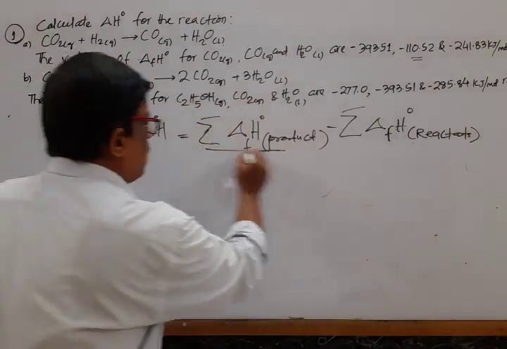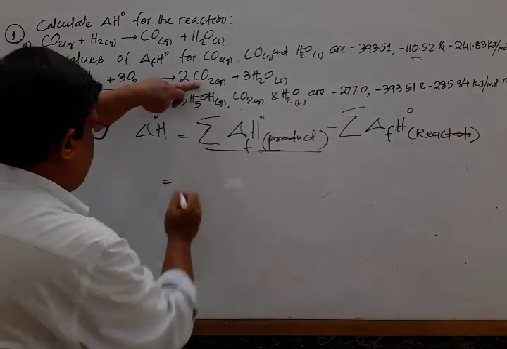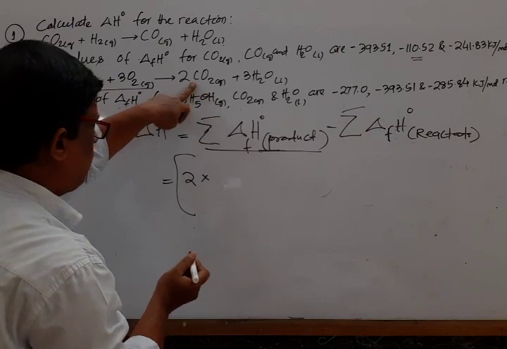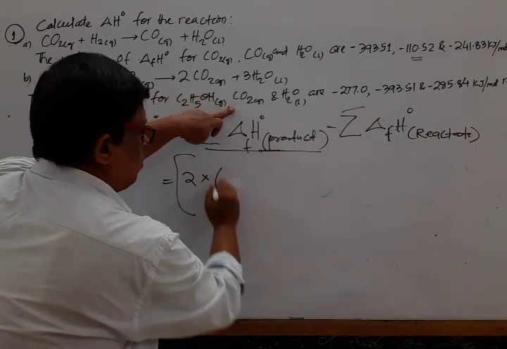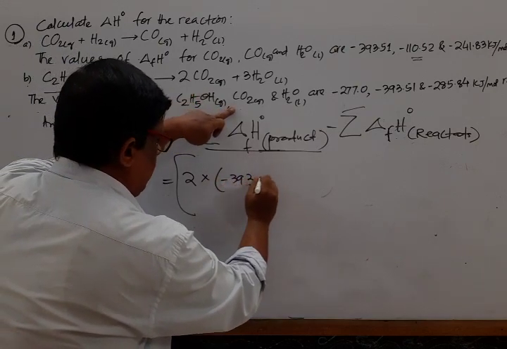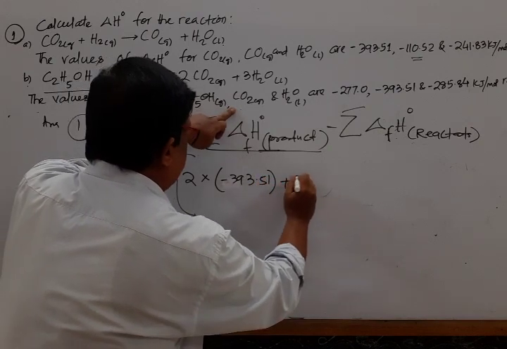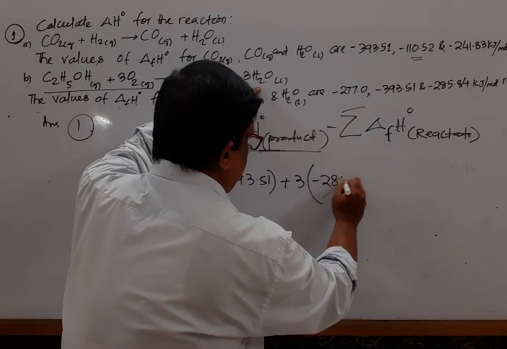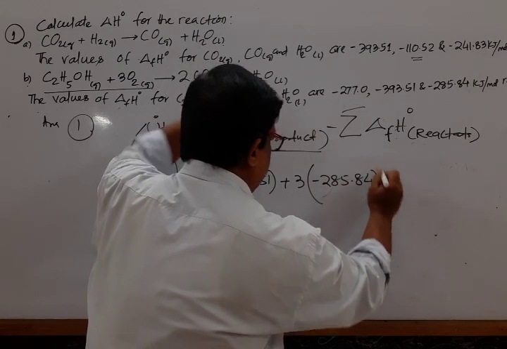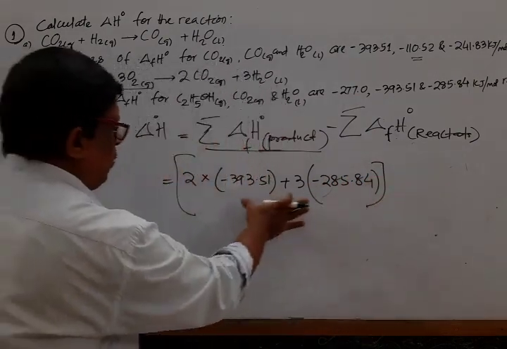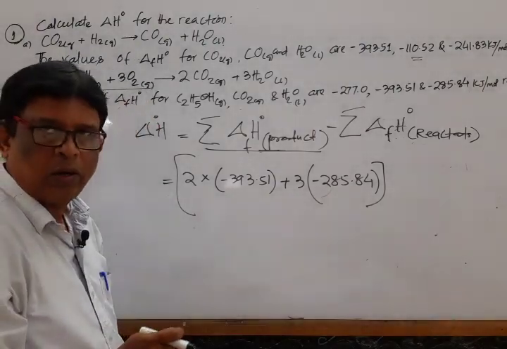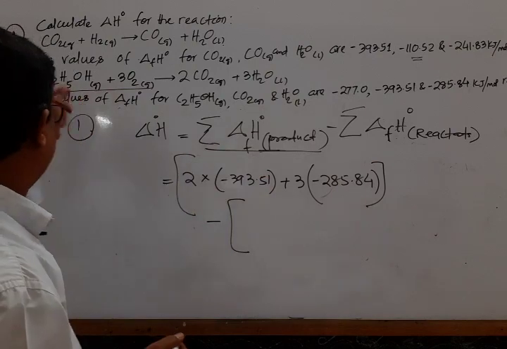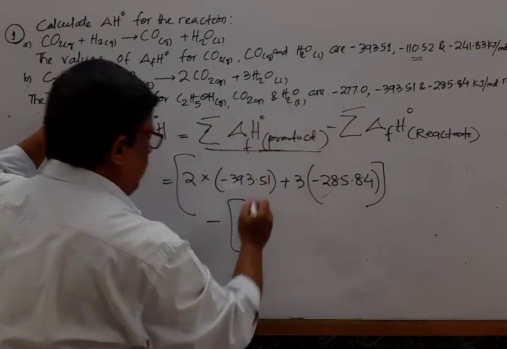Here, the sum total of products is equal to 2 into the value of carbon dioxide, minus 393.51, plus 3 into water, that is minus 285.84. This value is the sum total of enthalpy of formation of products minus the sum total of enthalpy of formation of reactants. Ethyl alcohol's value is minus 277.0.